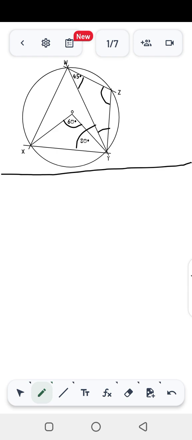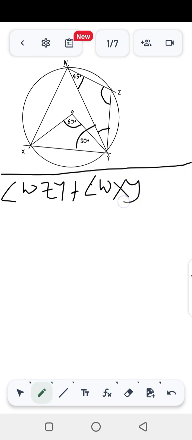Now angle WZY plus angle WXY will give us 180 degrees. Why?